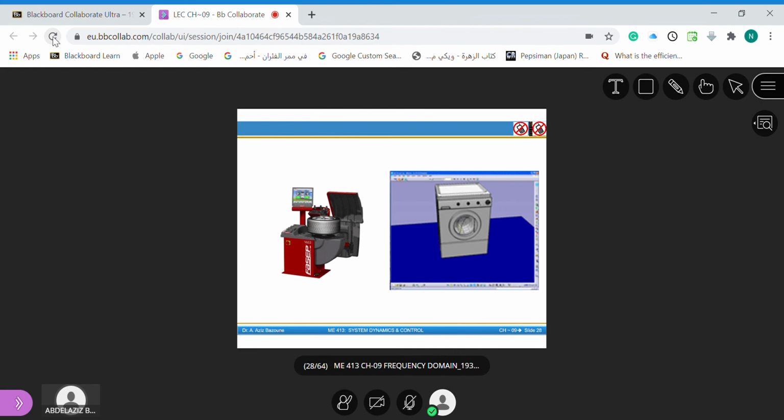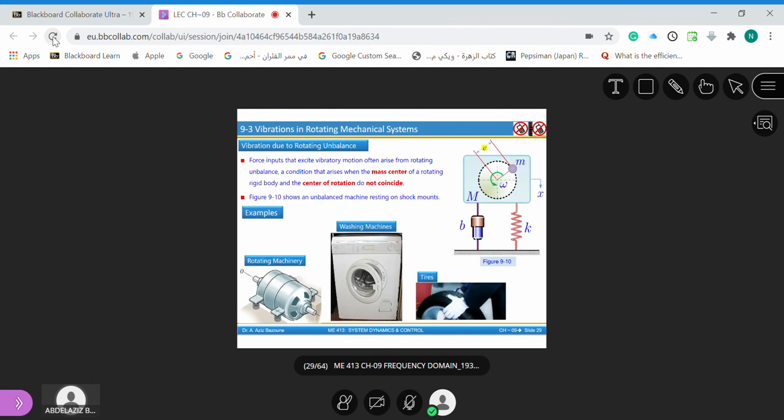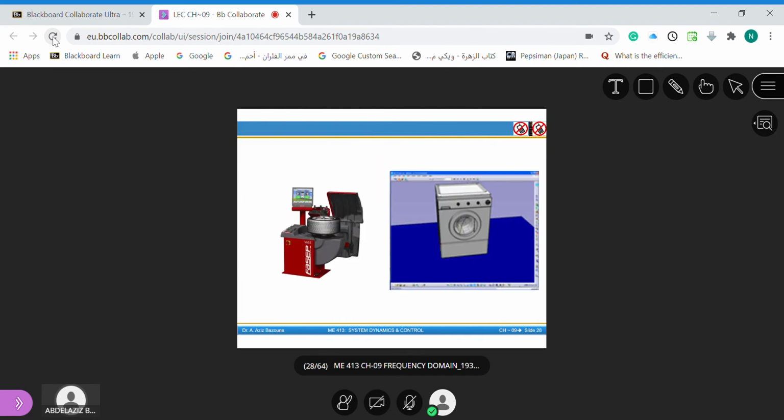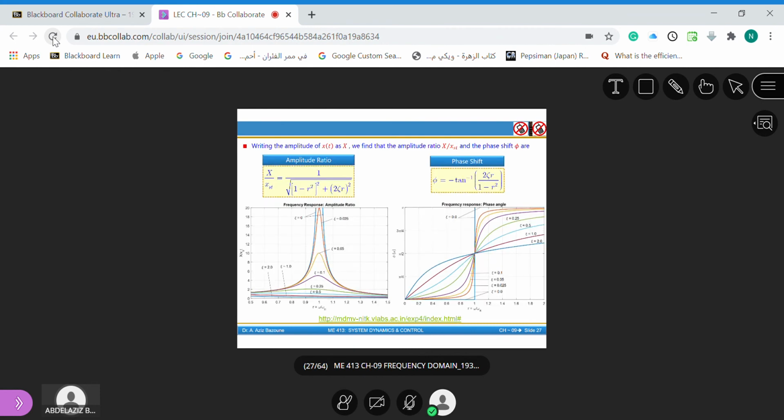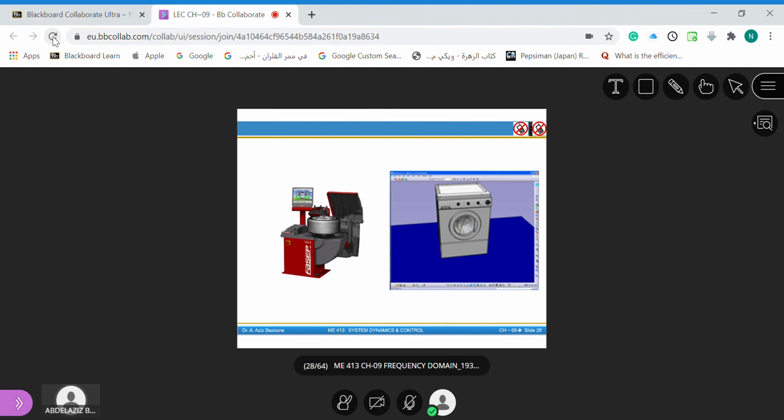We will see this one, Shabab. I will try to show it to you in a small video, because here we will have some vibration in a rotating mechanical system. Maybe we will start next lecture with rotating imbalance, but I will try to show it to you.